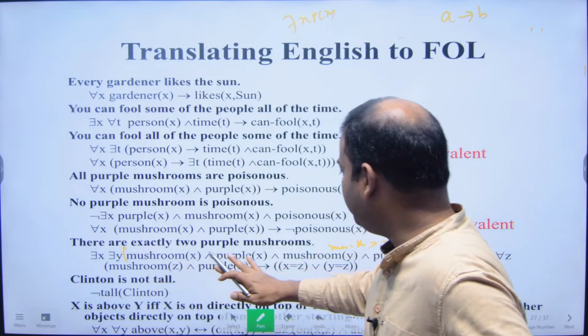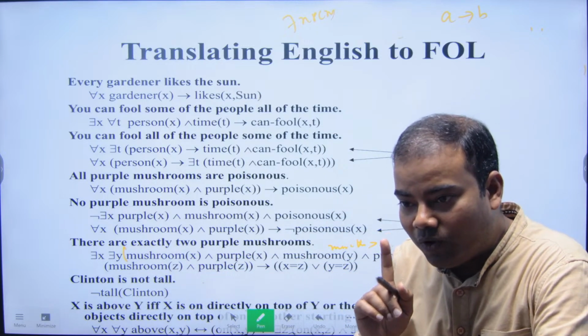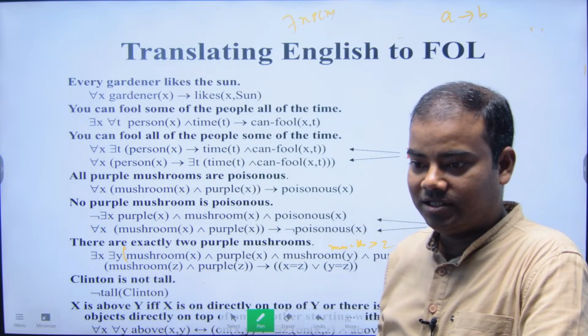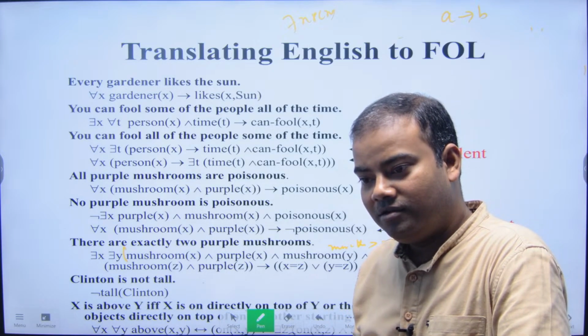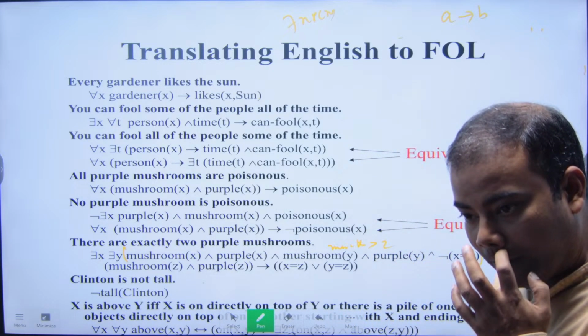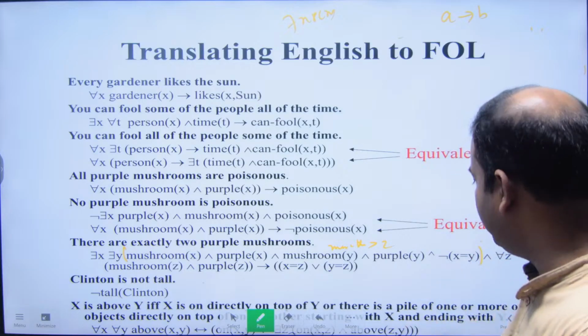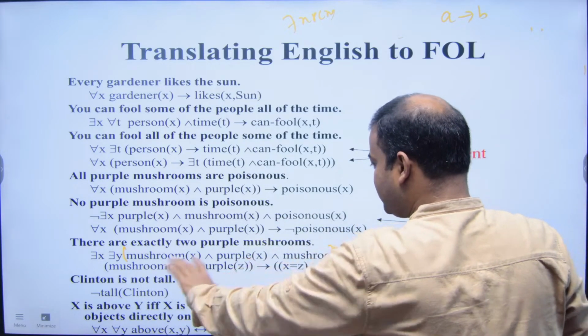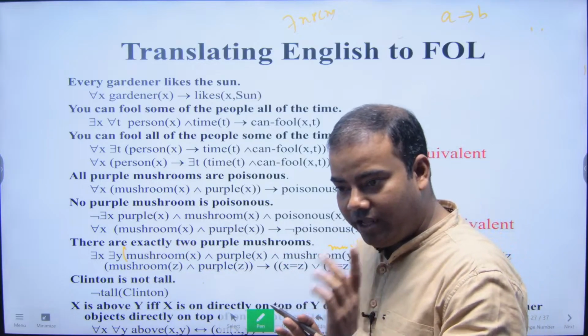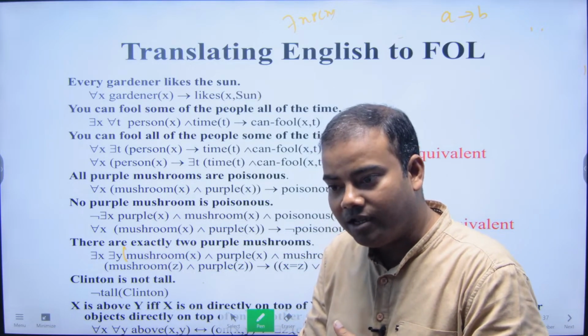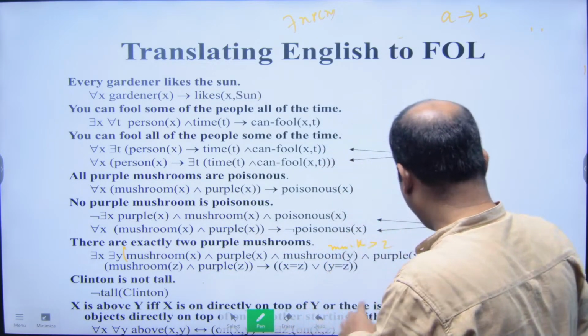Mushroom X and purple X means at least 1 purple mushroom exists. At least 1 means more than 1. Okay, so does Z represent, just forget Z right now. First understand this thing. With X, this thing is clear that if only X is written, it means at least 1.